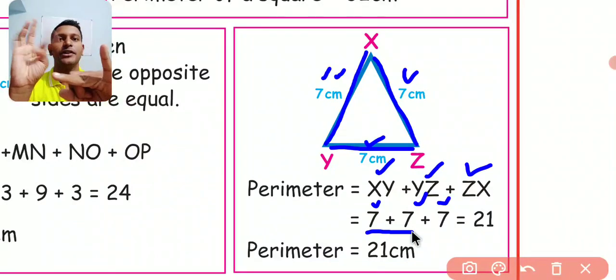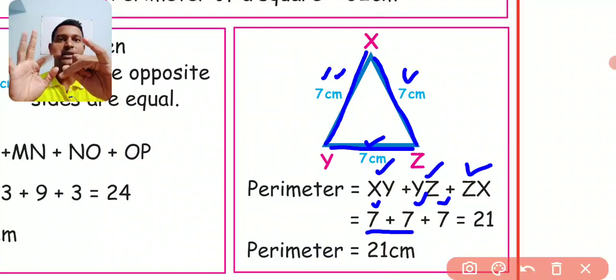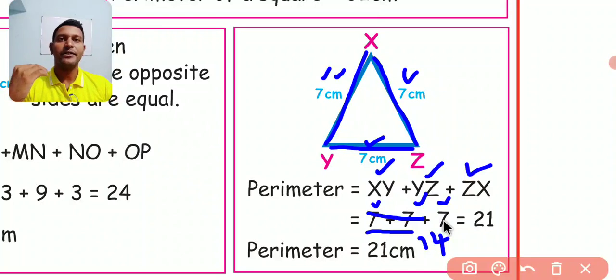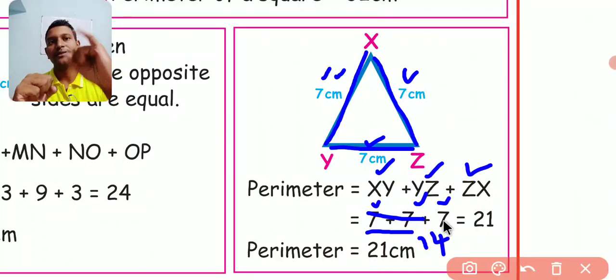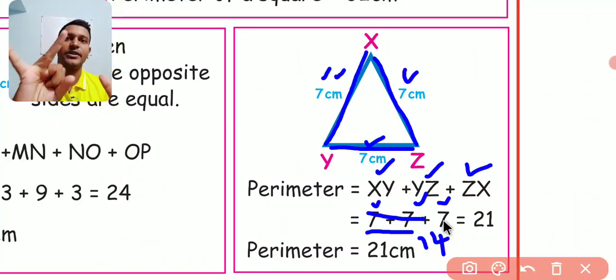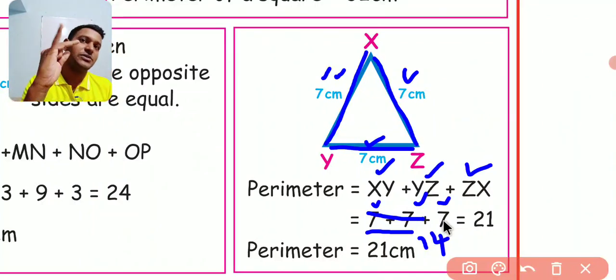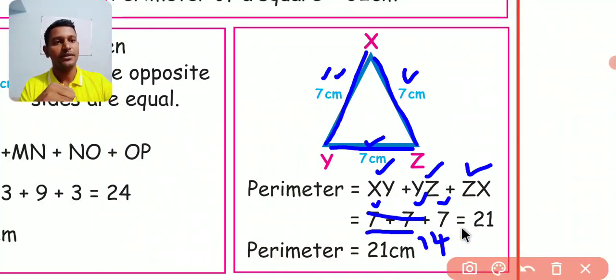Where do I end? 14. Now 14 plus 7. I keep 14 in my mind. I am going to count 7. 15, 16, 17, 18, 19, 20, 21. That's why the answer is 21.